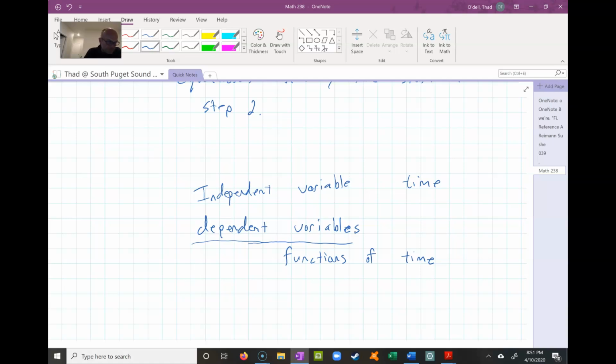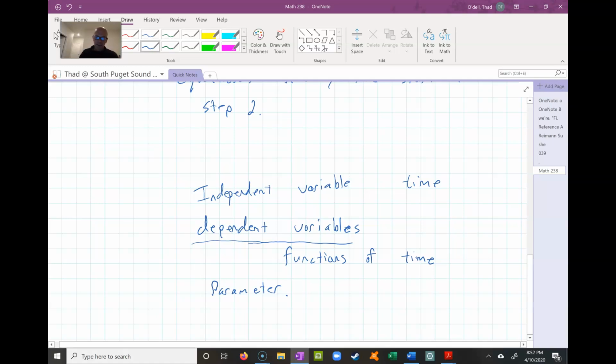Okay? And then there's one other one that's also a variable, but it's a different type of variable. So we call it a parameter. This is something that changes possibly from model to model, but it doesn't change with time. So maybe if we're looking at a certain rabbit population, it has a certain growth rate. That would be a parameter. So the growth rate for this rabbit population is set, but if you're looking at some other rabbit population, it would be different.